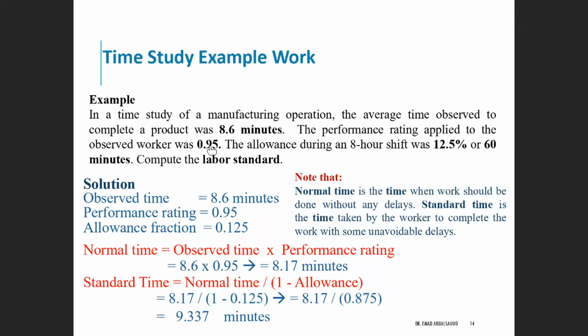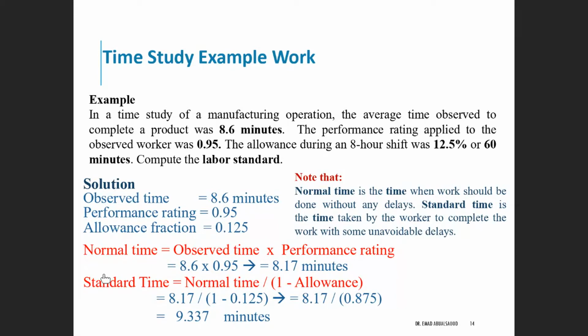The allowance during an 8-hour shift was 12.5% or 60 minutes. What is that? That is a time that is allowable during a working shift. We're talking about the allowable delays.